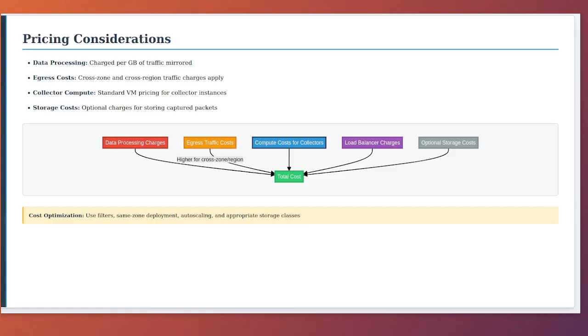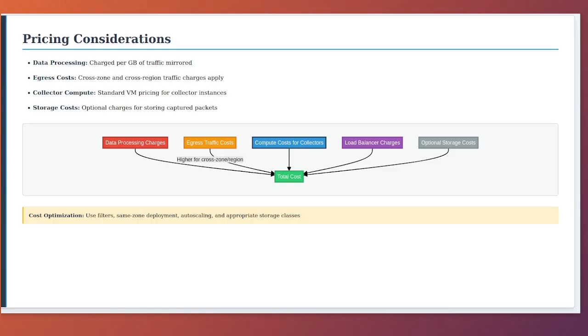However, if collectors are in a different zone, you pay for traffic crossing between zones. If collectors are in a different region, you pay higher inter-region egress charges. The arrow points from egress traffic costs to the higher charges notation, emphasizing that cross-zone and cross-region mirroring increases costs substantially.